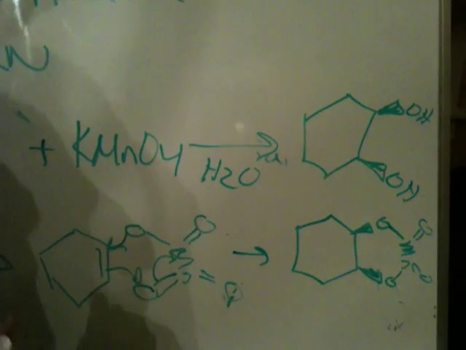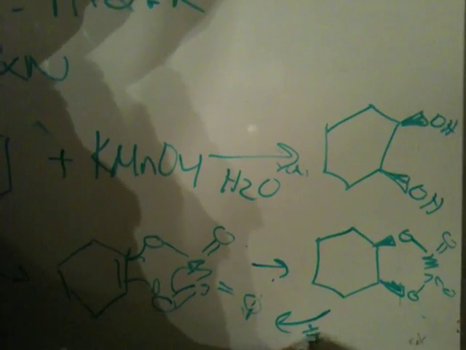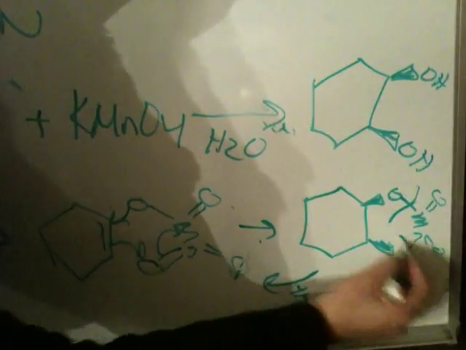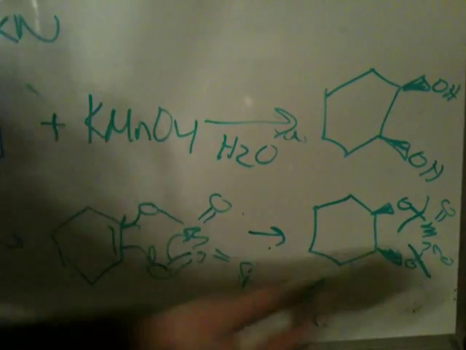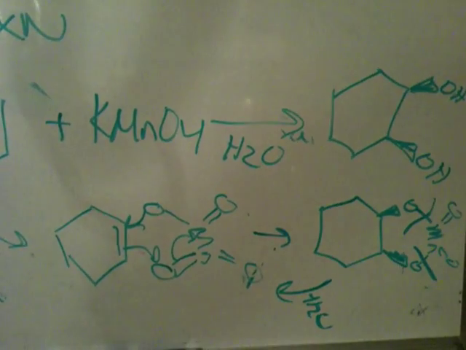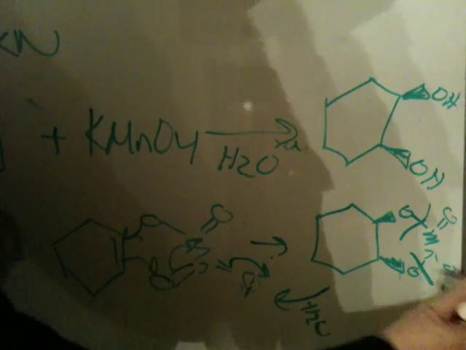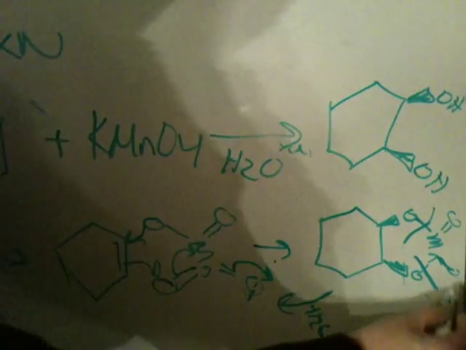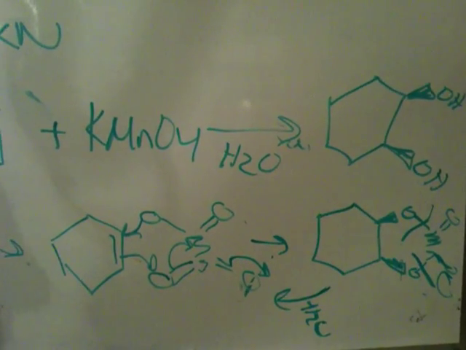Okay, and when you treat this with the water in the second step, these two bonds break off and they become OHs, and you could cleave MnO2 out of that. Actually, I think this bond breaks out, so I'm going to move that out. Okay, so you're not going to be responsible for that mechanism.